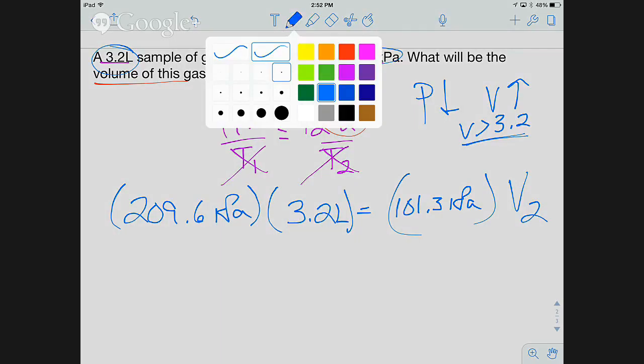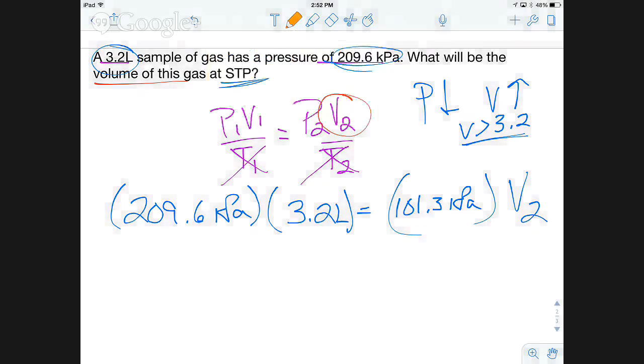Let's switch ink color. We'll go with orange. So if I combine like terms right here, 209.6 times 3.2, on my scientific calculator, I get 670.72 equals 101.3 times V2.